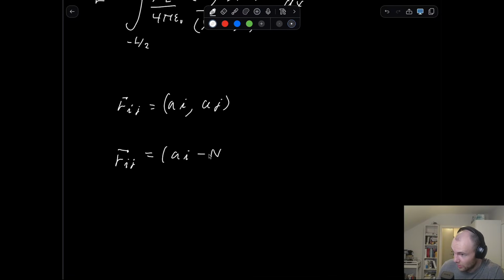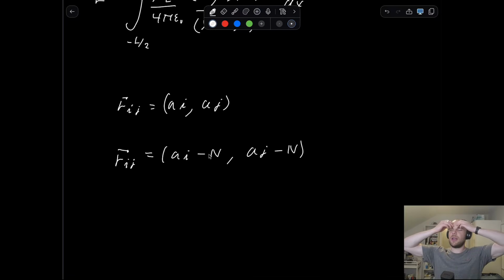Because if i is equal to 0, we get minus n, and a times j minus n. Now I'm just uncertain if we should use some parentheses. The step is i. The step length is a.